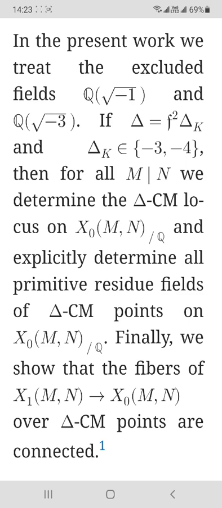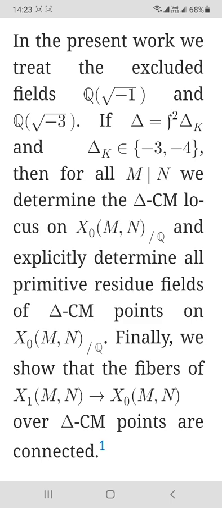How many points does the delta CM locus have? H(delta), the class number, is the number of points of the delta CM locus, and we view it as a pair of points from the original point delta K, which is -4, for example, to the delta CM locus.